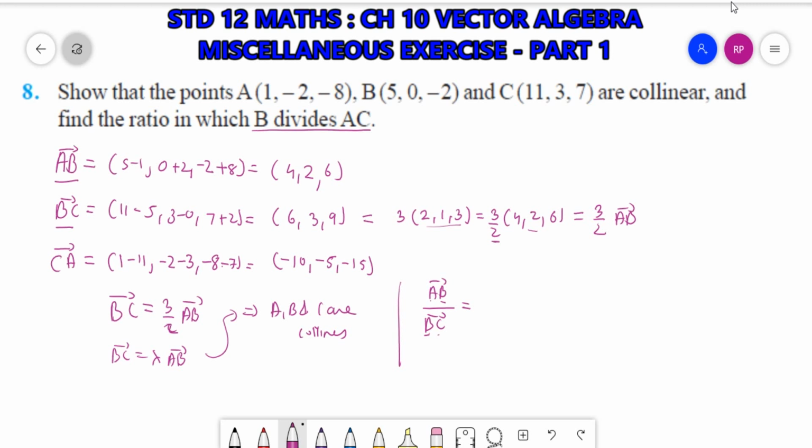I can see here that BC is equal to 3 by 2 AB, so AB by BC will be equal to 2 by 3. This implies B divides AC in the ratio 2 by 3. Clear? So this was about question number 8. So just note it down.